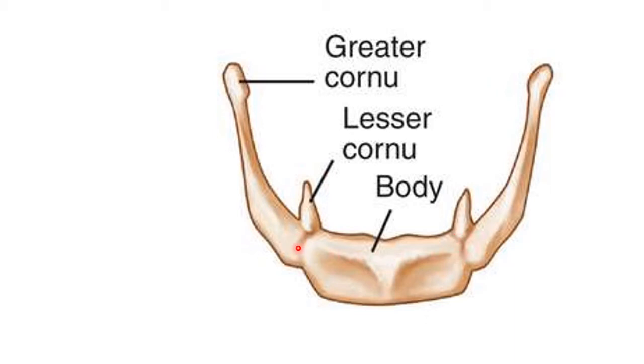They diminish in size from before backwards, and each greater cornu ends posteriorly in a tubercle.